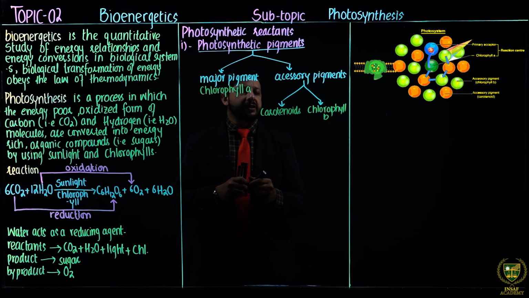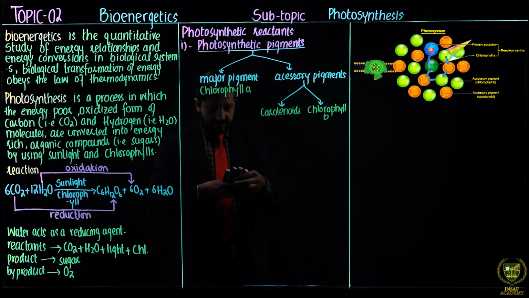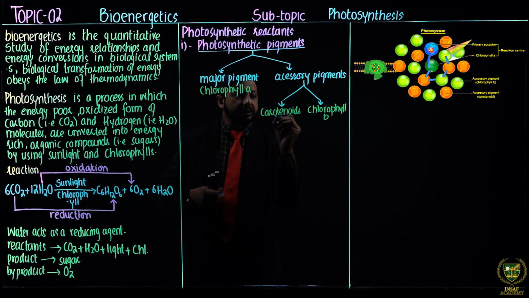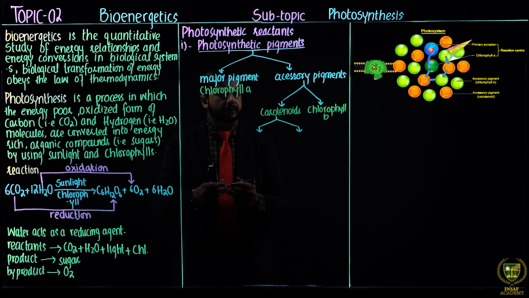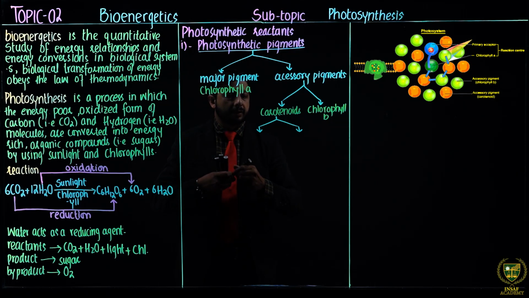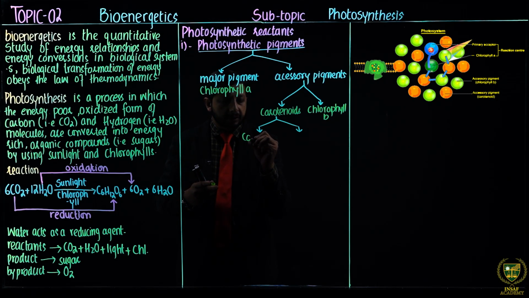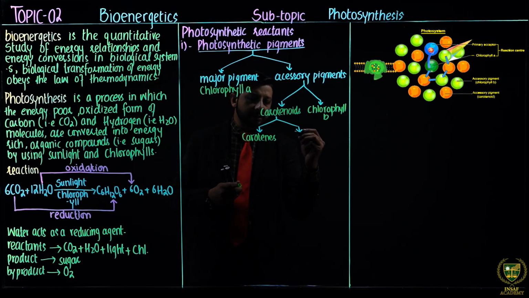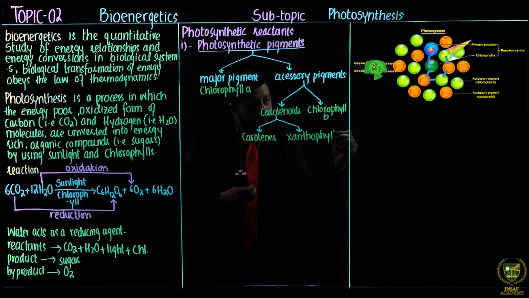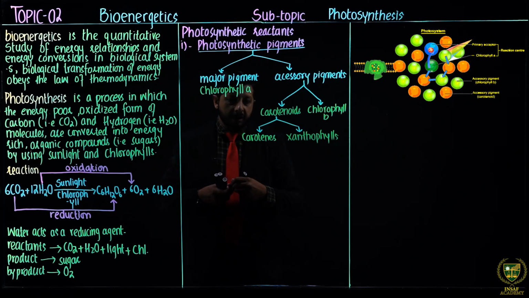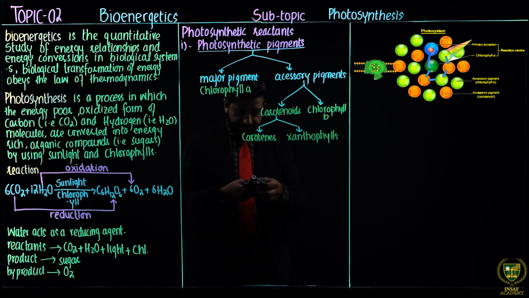And the carotenoids are further divided into two: carotenes and xanthophylls. Clear?